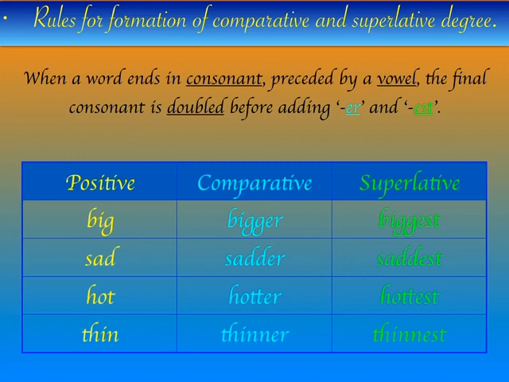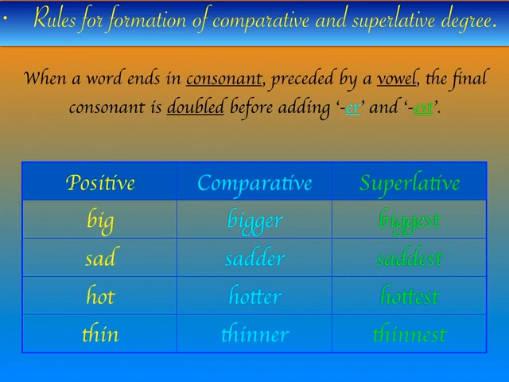So the comparative form of degree is bigger and the superlative form of degree is biggest, and here also we have added the last consonant one more time and then we have added EST.